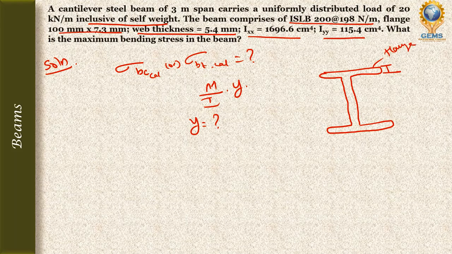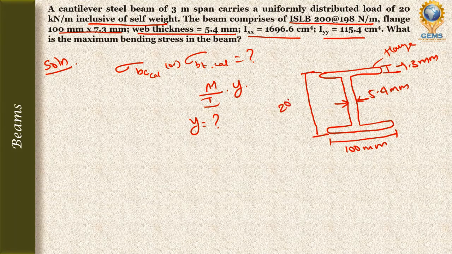This flange thickness is 7.3 mm and the flange length is 100 mm. It is given in the question. And the web thickness is 5.4 mm. And the overall depth from here to here is 200 mm.